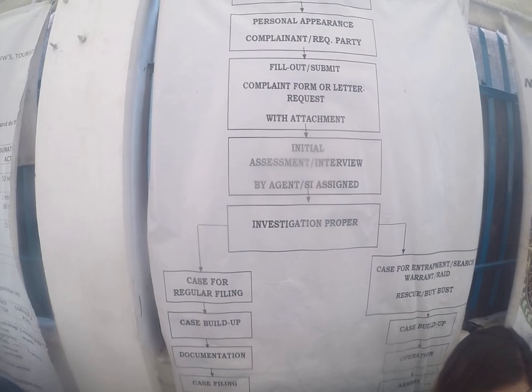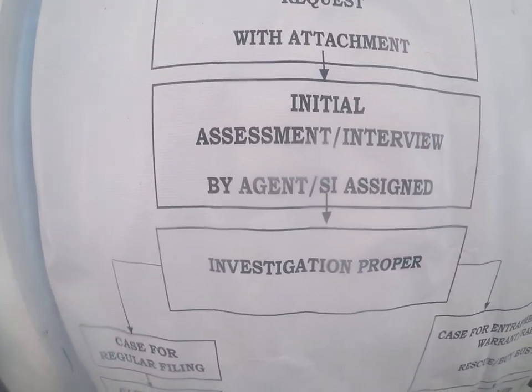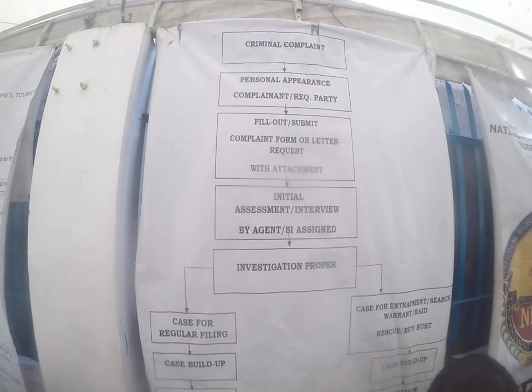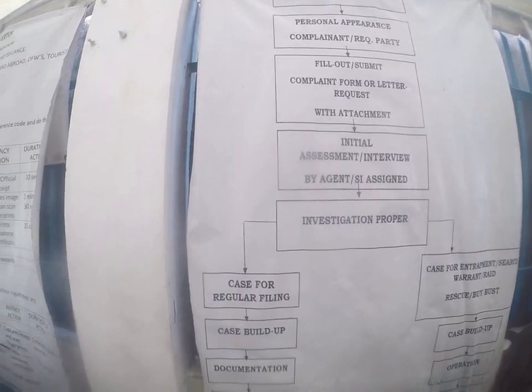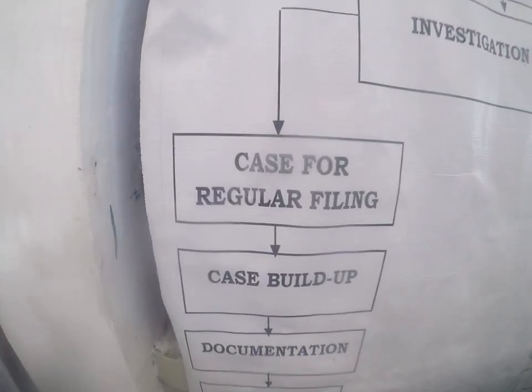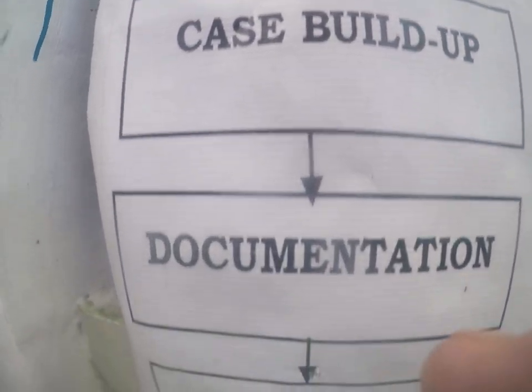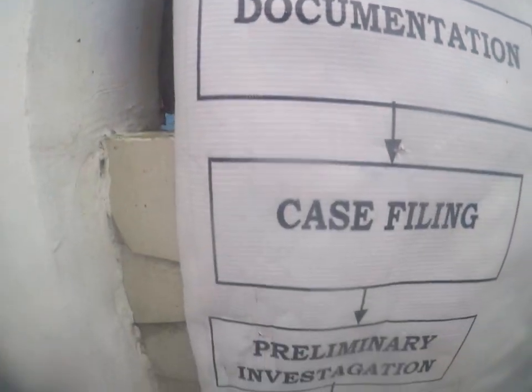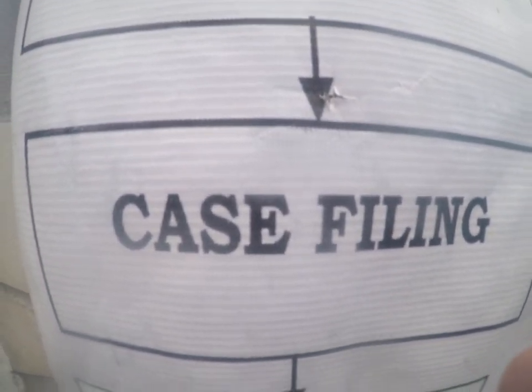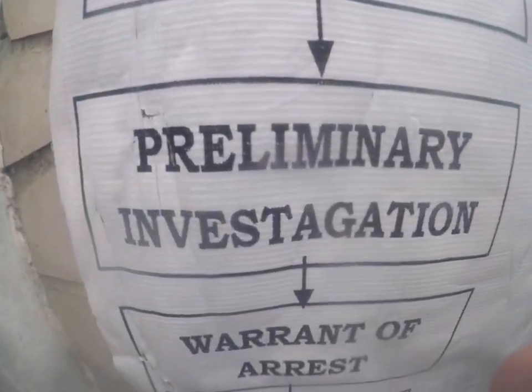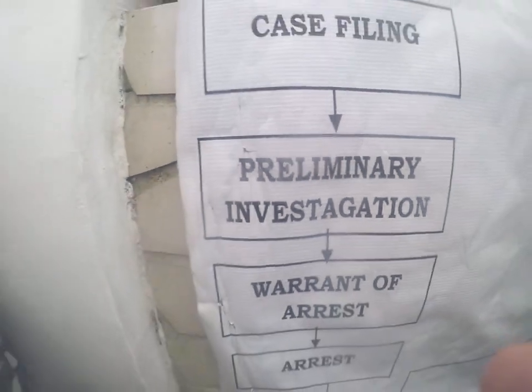Then they have an initial assessment by the NBI or the PNP. We went through this process: the case filing, case build-up, the documentation, the case filing of the documentation, and the preliminary investigation.